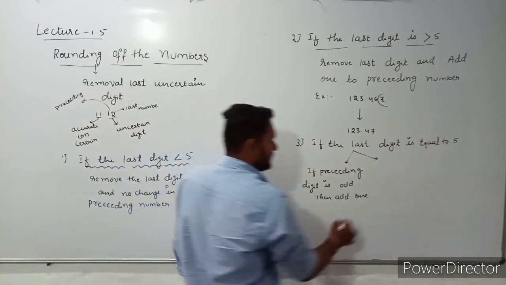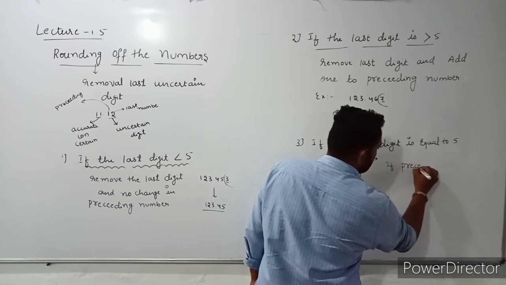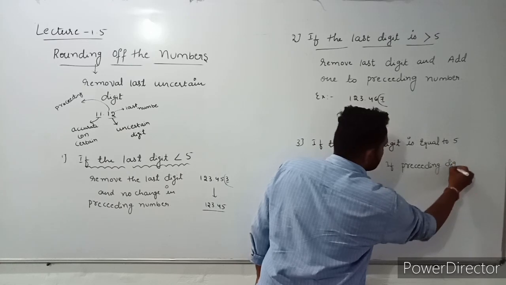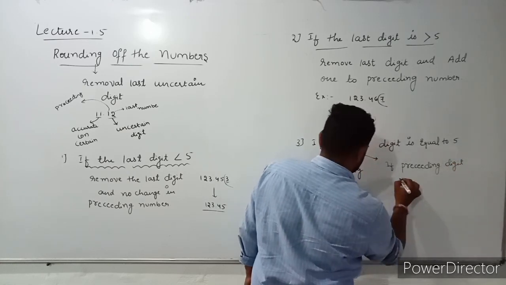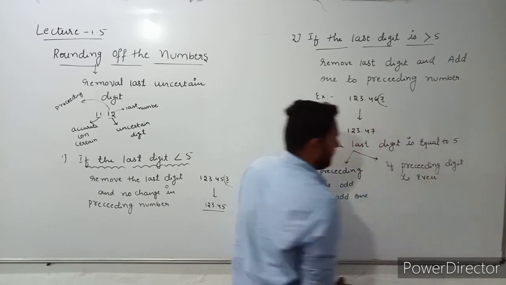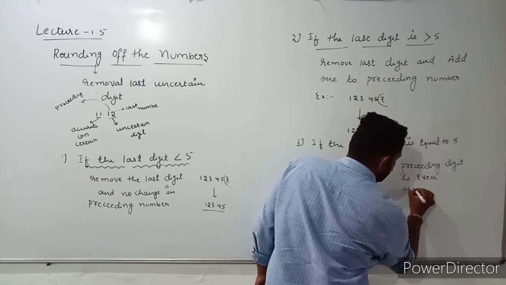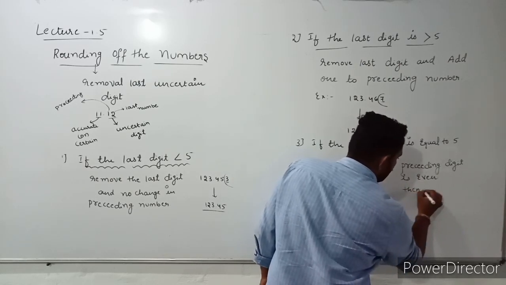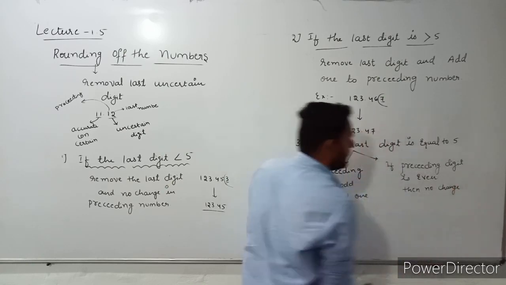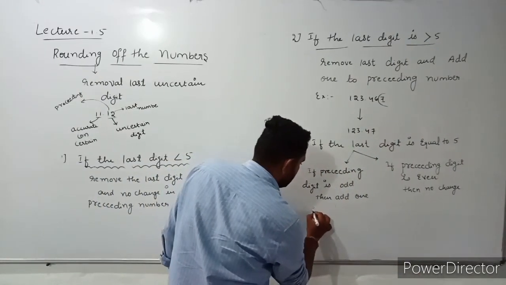If the preceding digit is even, then no change in preceding number.